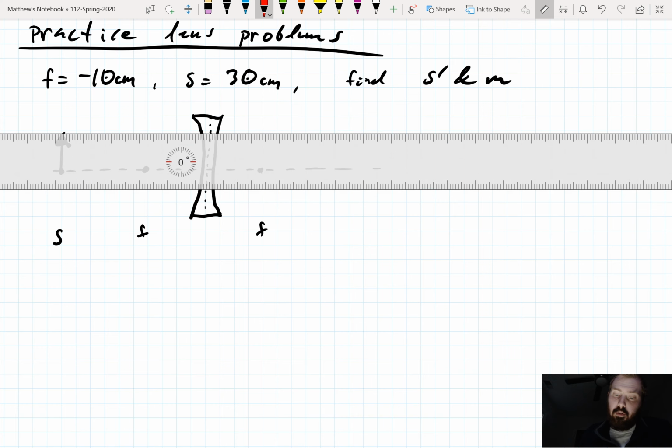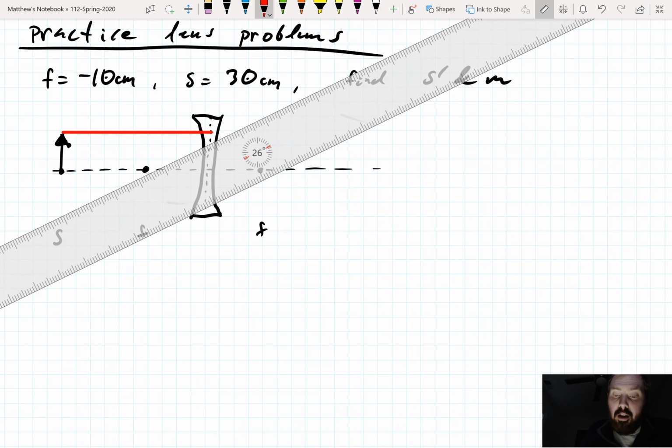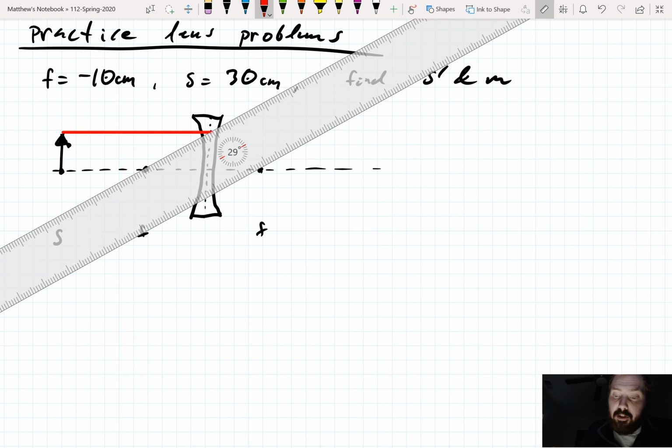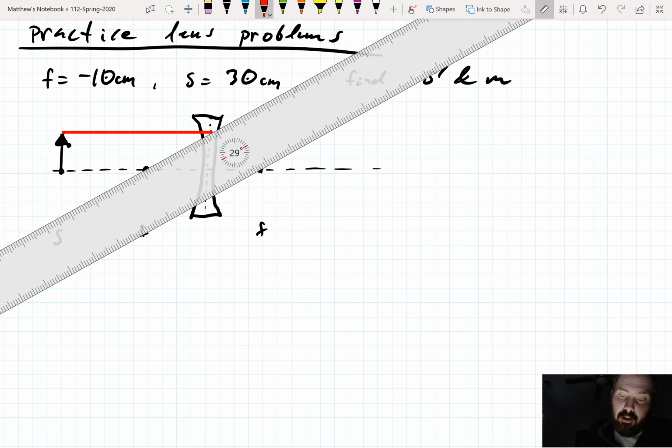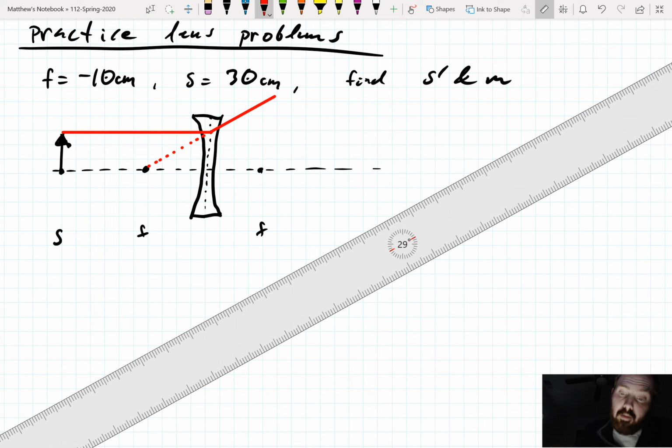I always like to do the one parallel to the optical axis; personally, I find it the easiest one to start with. It's a diverging lens, so it blows away, flying off in that direction.